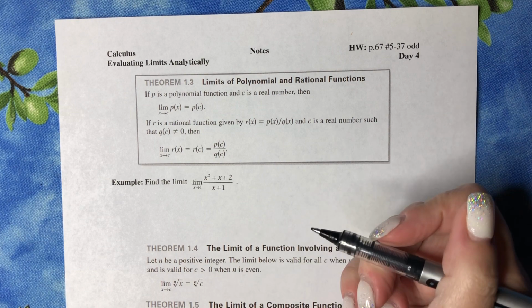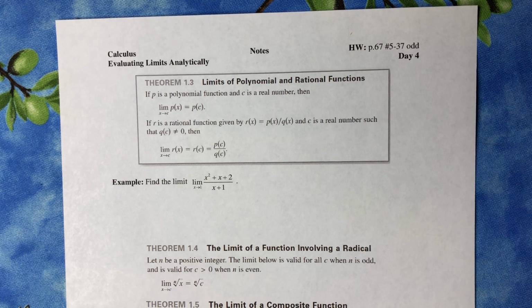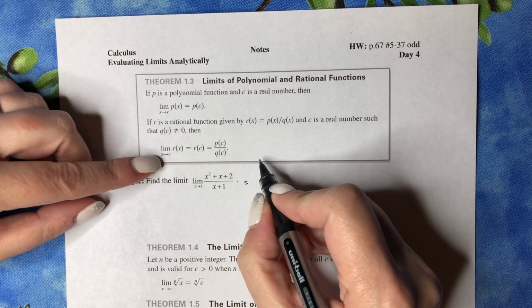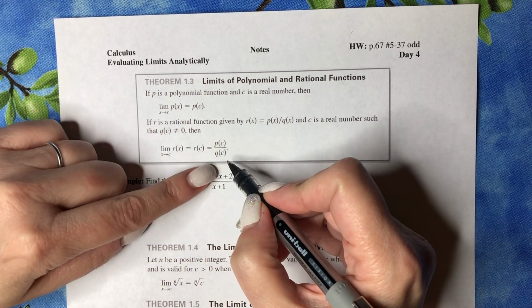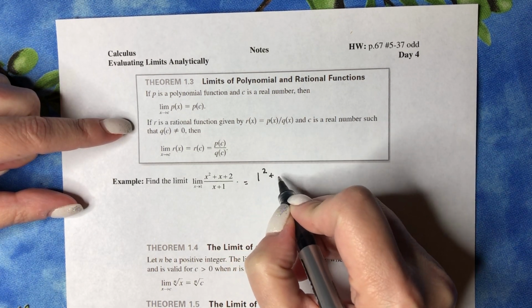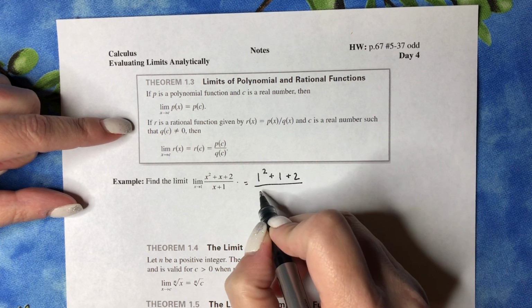You always want to try substitution first, and if substitution doesn't work, you can do some algebra. But this rule tells you that when you're doing this, you want to substitute in the numerator and substitute in the denominator. That's all it's telling you. It's the most complicated way possible to tell you to just substitute.